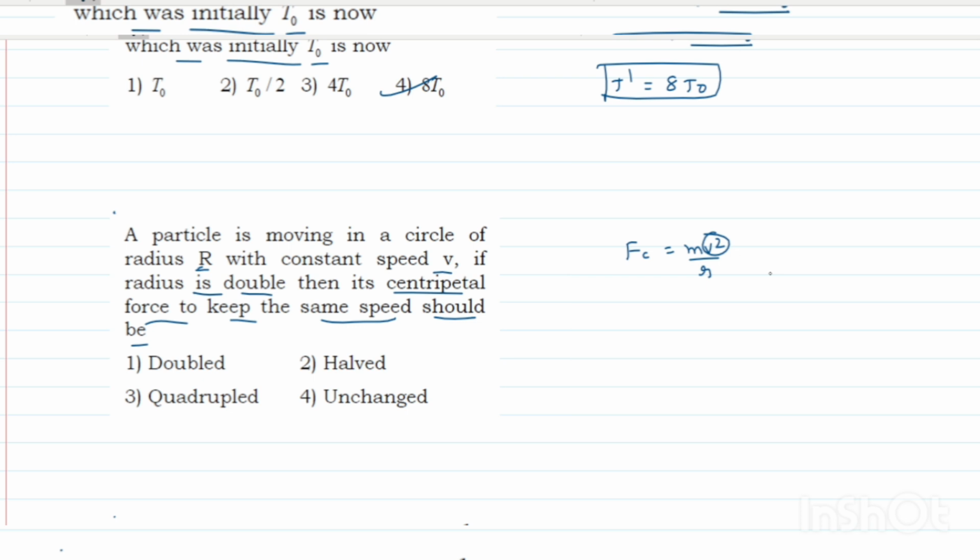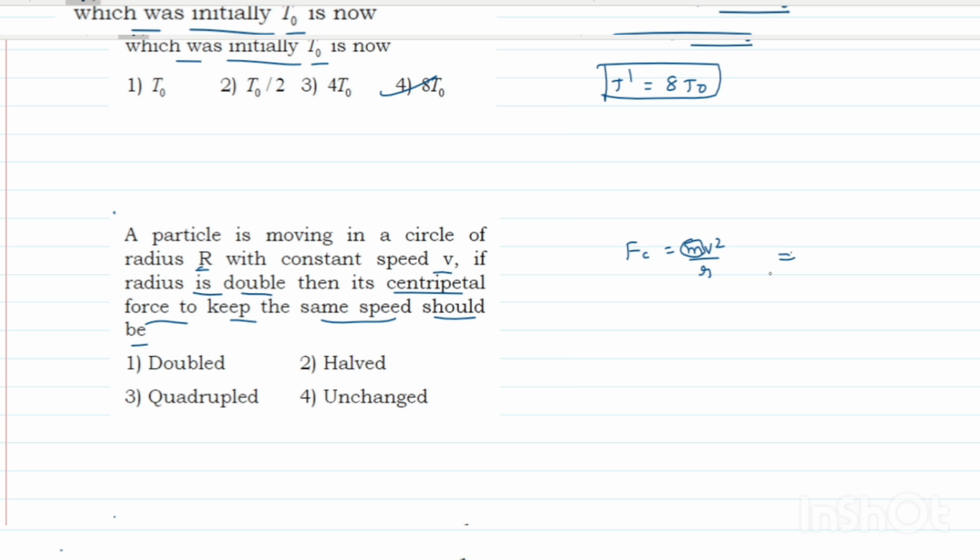They are asking how it will be when you double the radius. Mass you can take the same, students. Here the radius you are doubling, and they are asking for the centripetal force to keep the same speed.